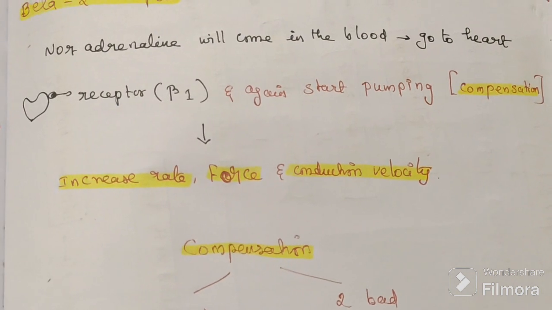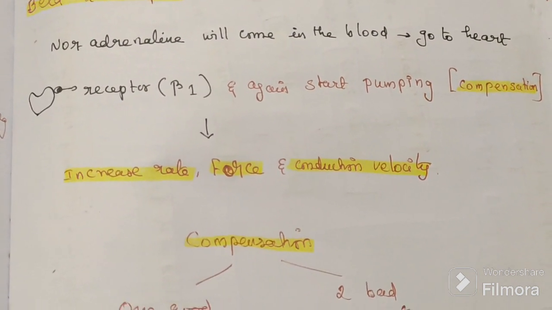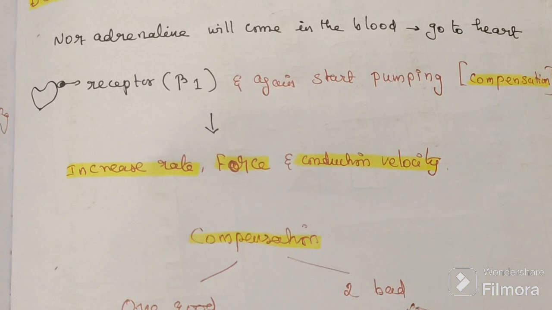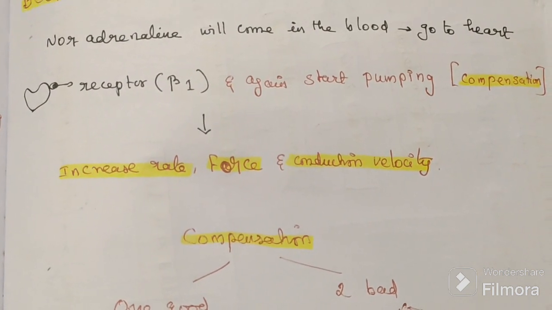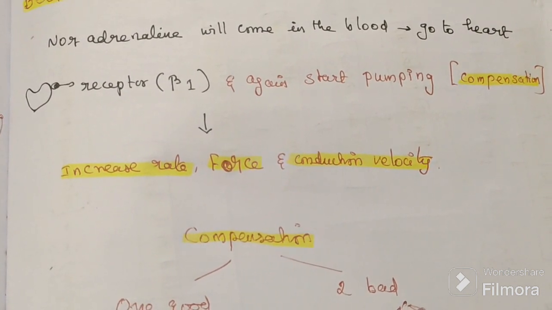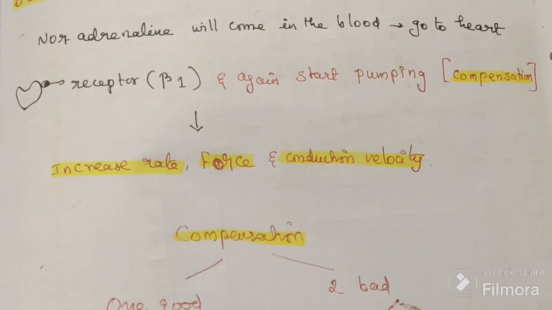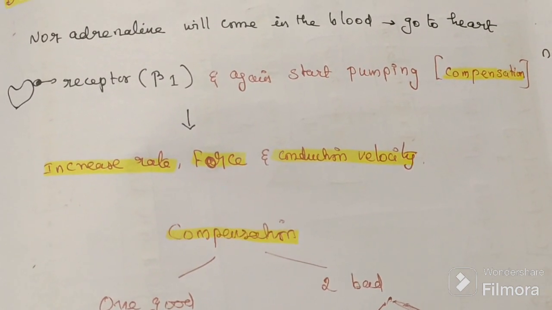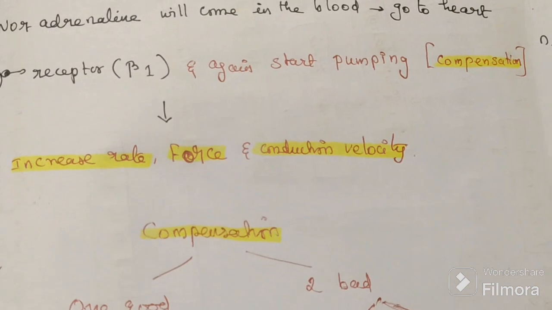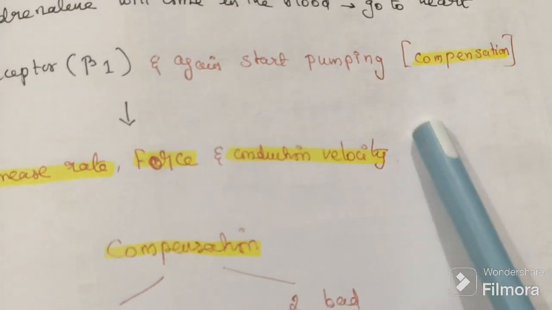So the failing heart, which was not contracting, starts contracting again for the next few hours or maybe days. This is called compensation.